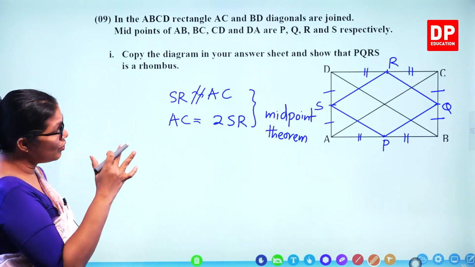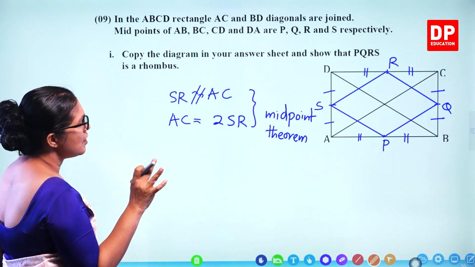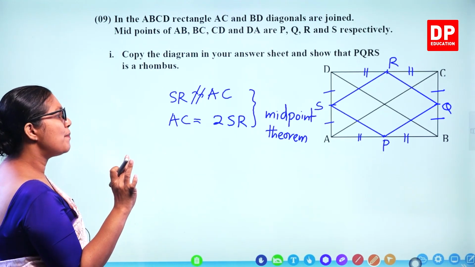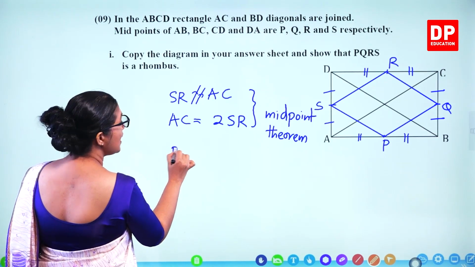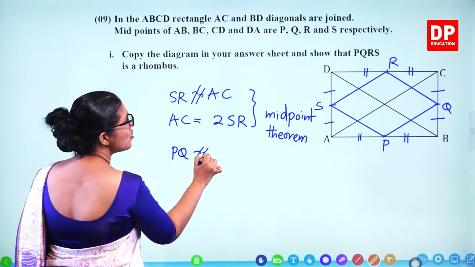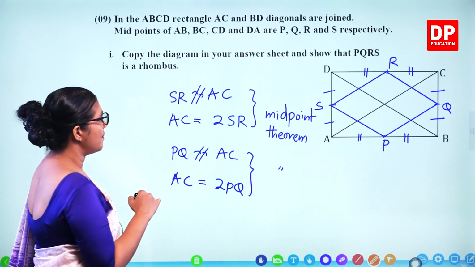And also you can do the same thing to the other side. If you take ABC triangle, P and Q are both midpoints. When you're joining midpoints, you can say PQ is parallel to AC, as well as you can say AC is 2PQ. That's also midpoint theorem.